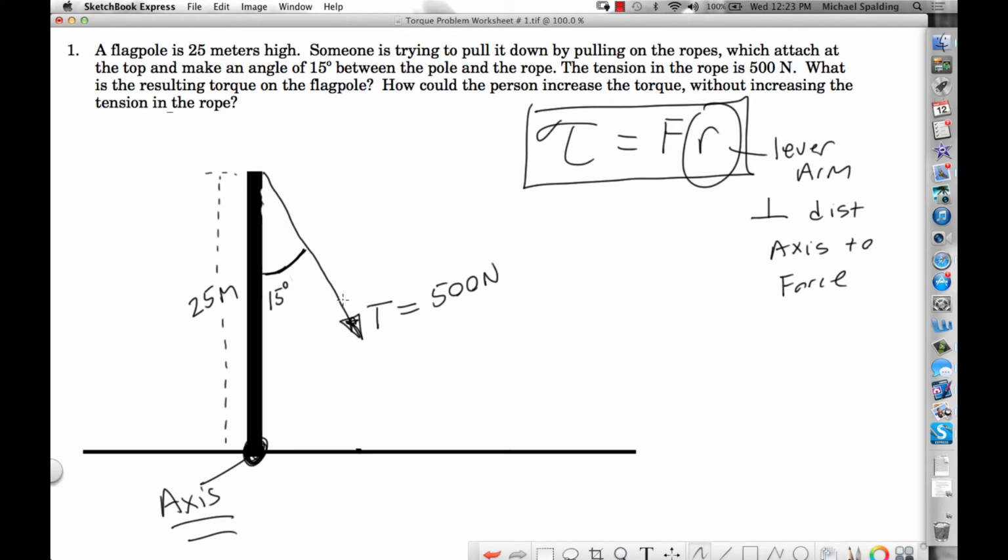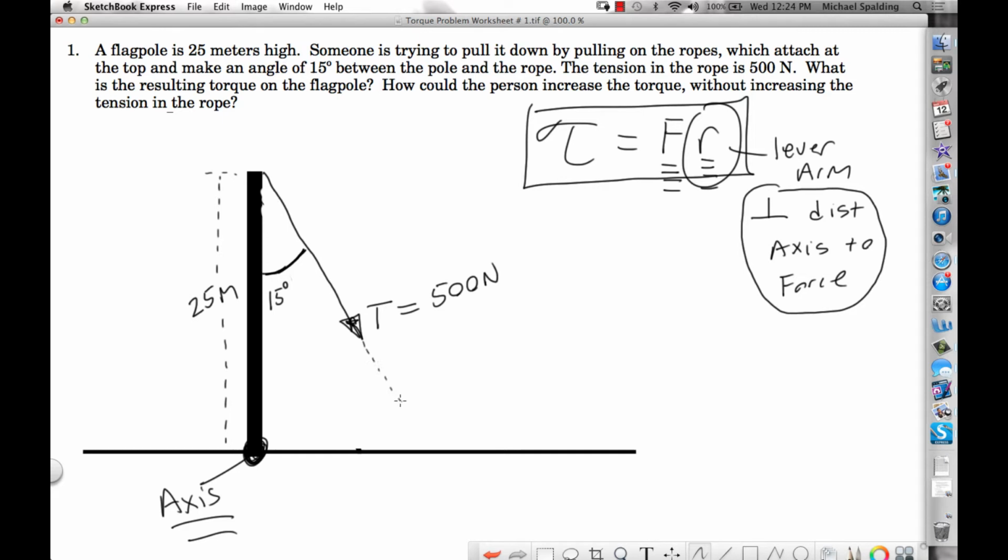The key thing that you have to know is that force and distance must be perpendicular. So how do we make these perpendicular? Well, look, let me show you. I'm going to show you 2 ways to do it. What you can do is, the definition of lever arm is the perpendicular distance axis to force.